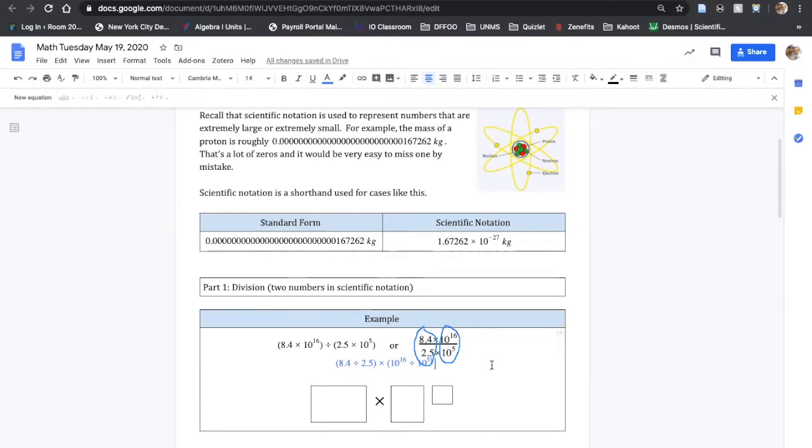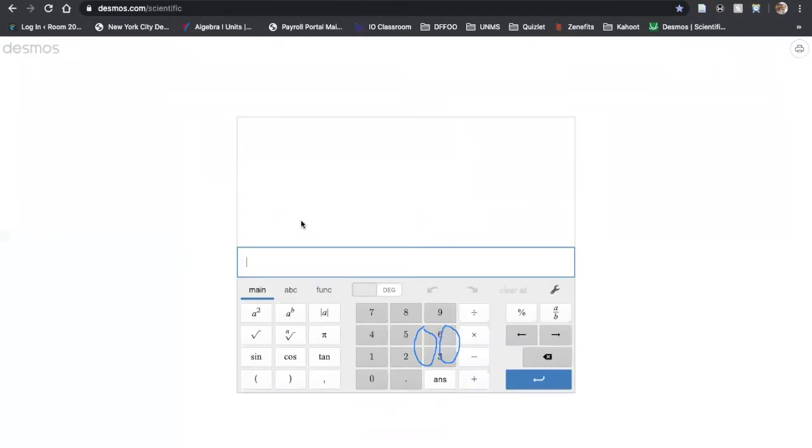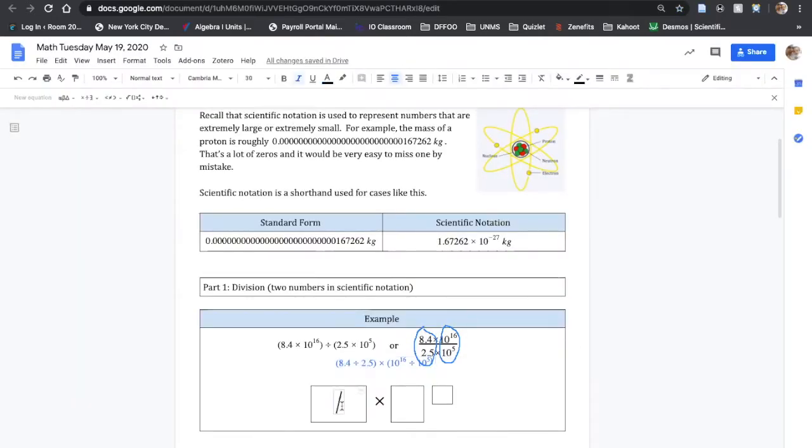Now, all we do is we put these parts into a calculator. So the first part, 8.4 divided by 2.5 gives me 3.36. And you can see when I put divided by in the calculator, it actually turns it into a fraction like that second part. So the number part that I'm left with is 3.36.